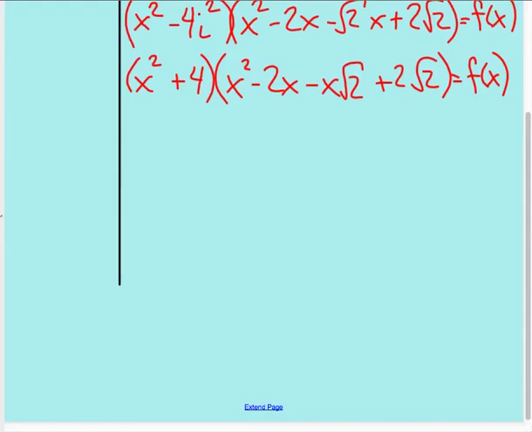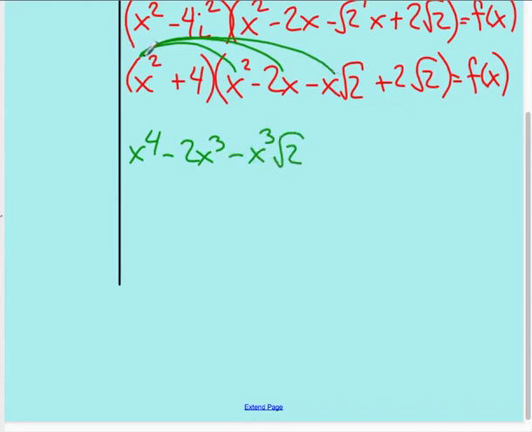All right, so x squared times x squared is x to the fourth. x squared times negative 2x, negative 2x cubed. x squared times x is x cubed square root of 2. x squared, let's see, I'll do 2x squared square root of 2, just so that radical is always on the end.